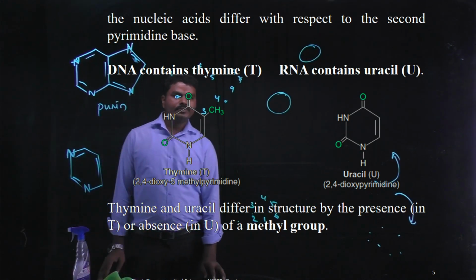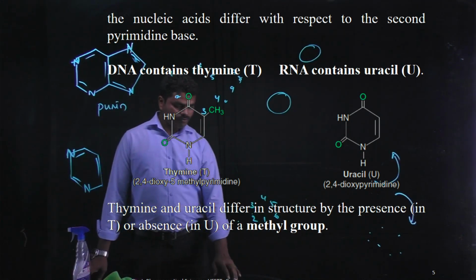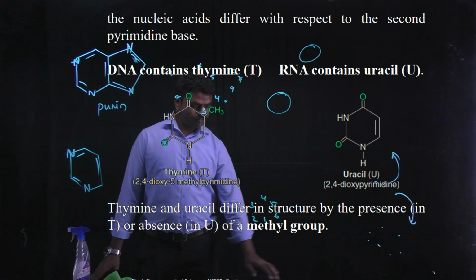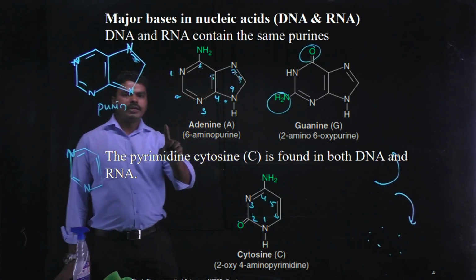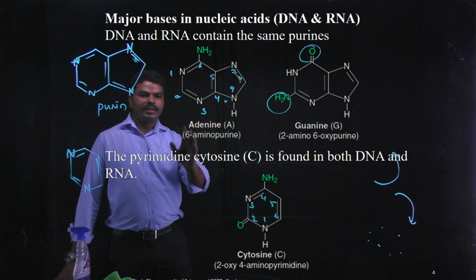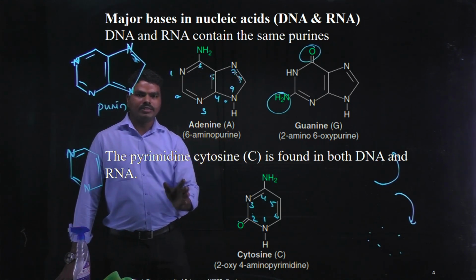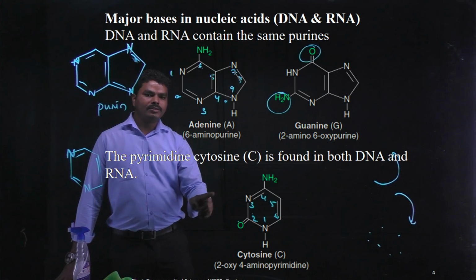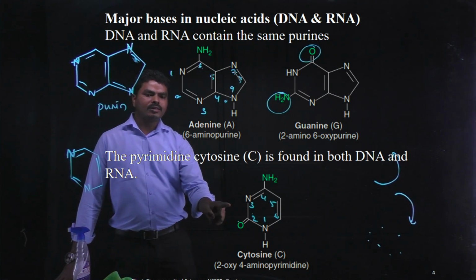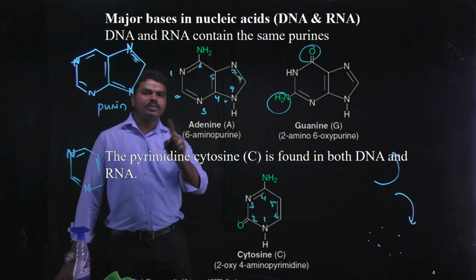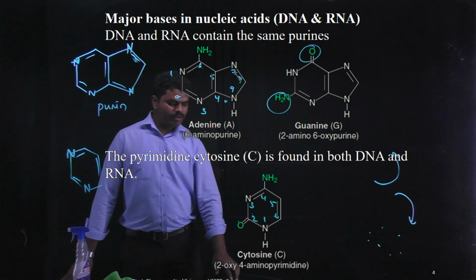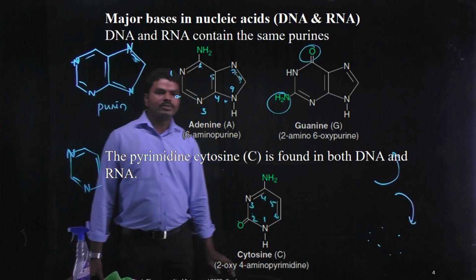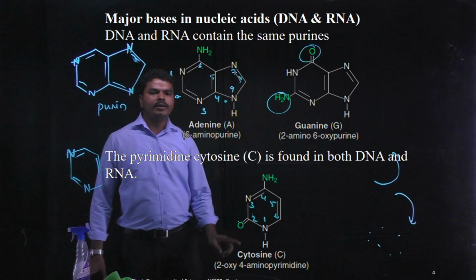We know that adenine, guanine and cytosine are present in both DNA and RNA. The first pyrimidine base, cytosine, is commonly present in DNA and RNA. But the second pyrimidine base is different.